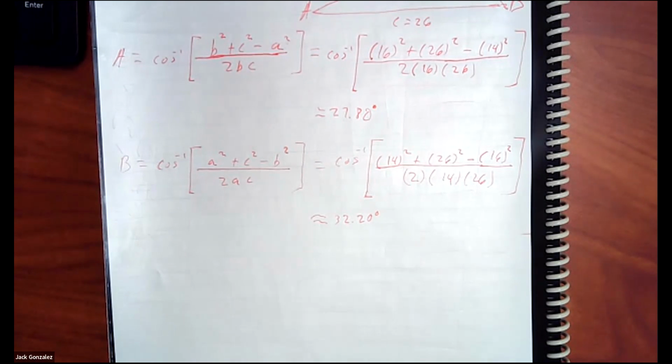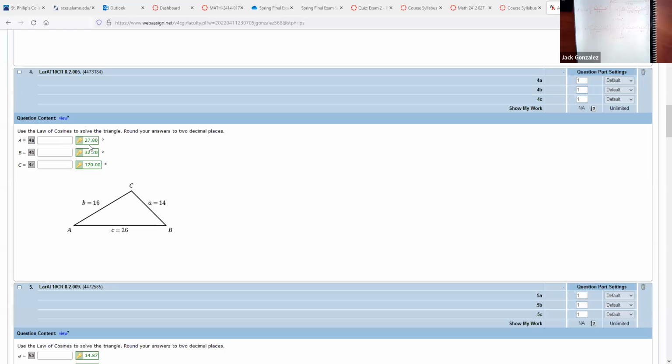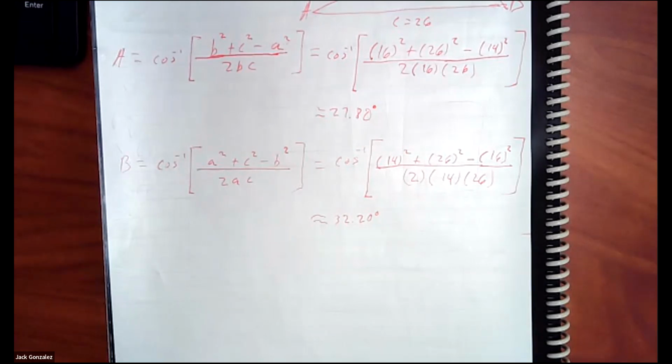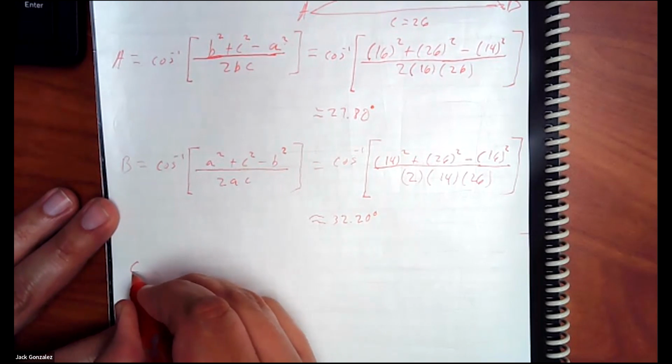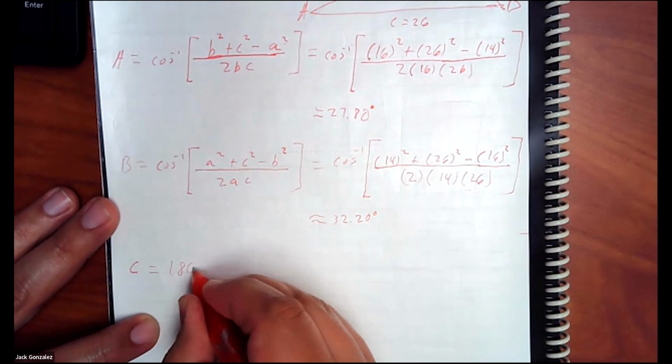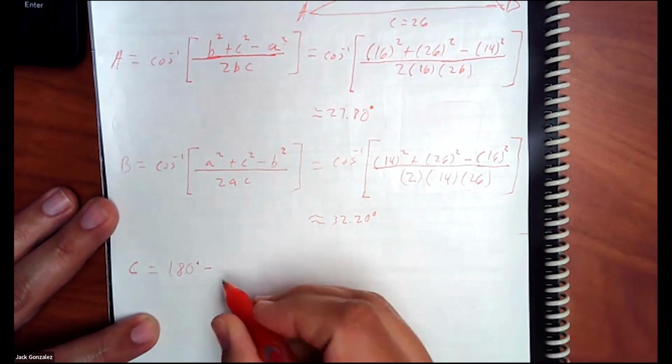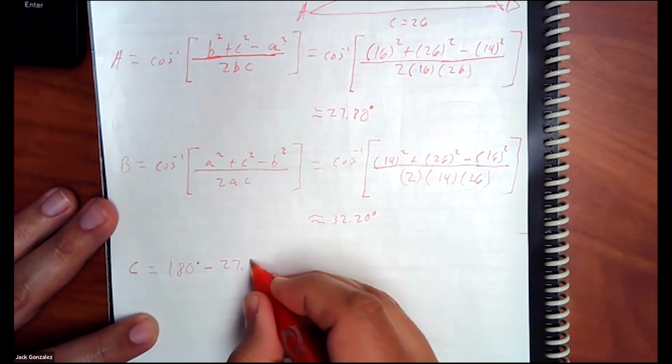Alrighty. I believe that's what they got, right? For A and B. Let's see. A is 27.8, B is 32.2. And the last one, of course, will just be subtract from 180. Subtract the 27.8.